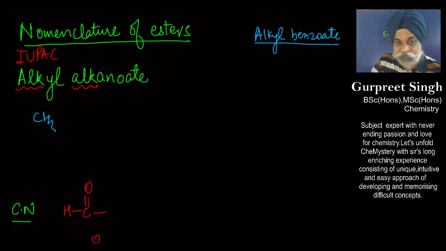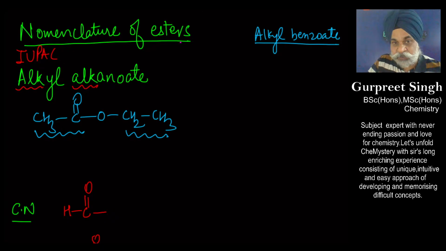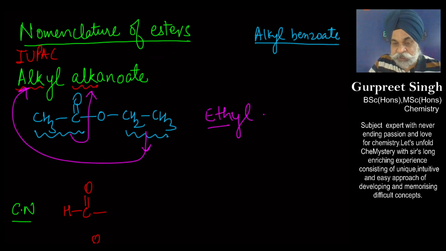Say for example, if I draw one ester like this, there are two alks here. One alk belongs to this part, another alk to this part, because alk is the number of carbon atoms. This is the part of the alkyl, and the part which contains the carbonyl group is the part of this one. So the name in this particular case would become ethyl ethanoate.